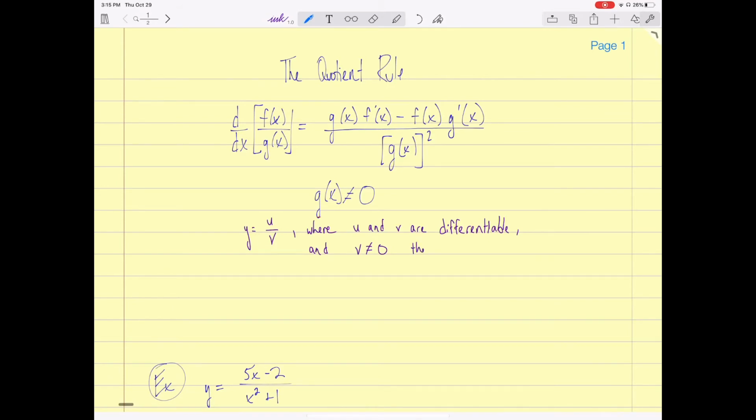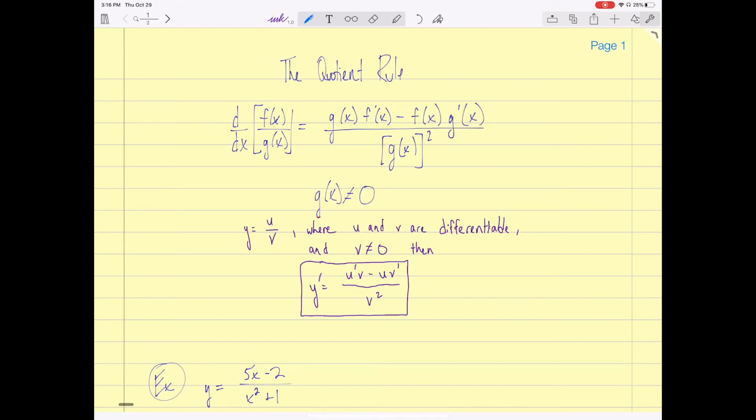Then y prime is u prime v minus uv prime divided by v squared. So these rules you do have to memorize because they don't give you these on tests. Those are to be committed to memory. So I know it seems like a lot, but as you use it, it might just stick in your head. It's very similar to the product rule, except you have a subtraction sign up there in the numerator.